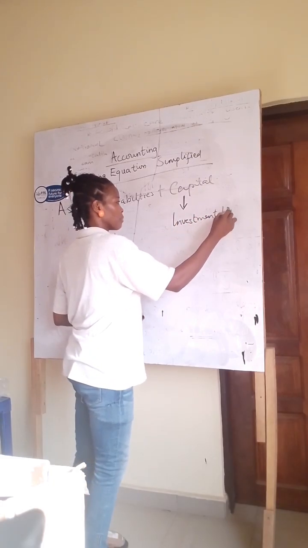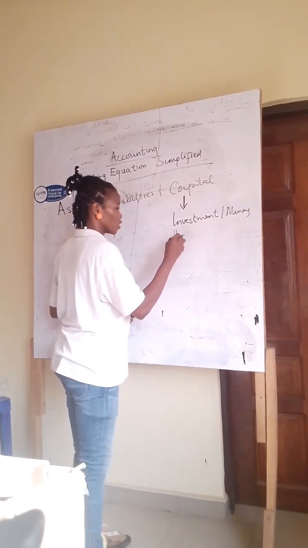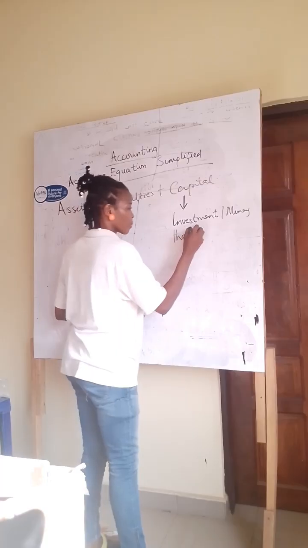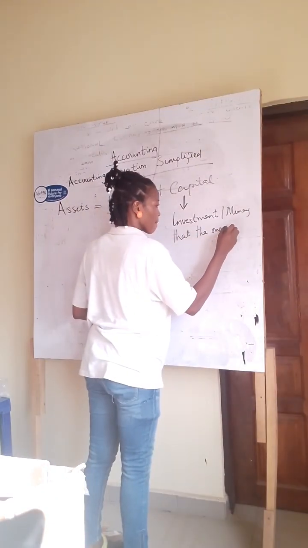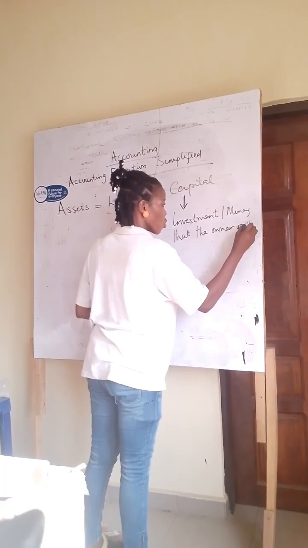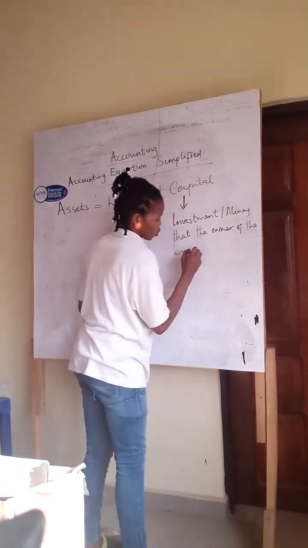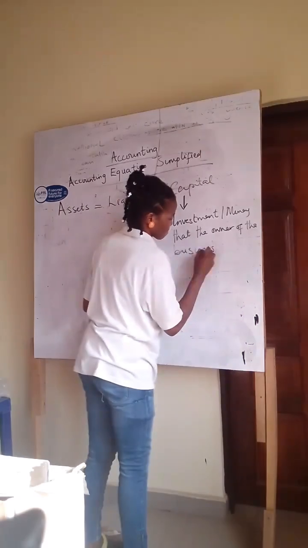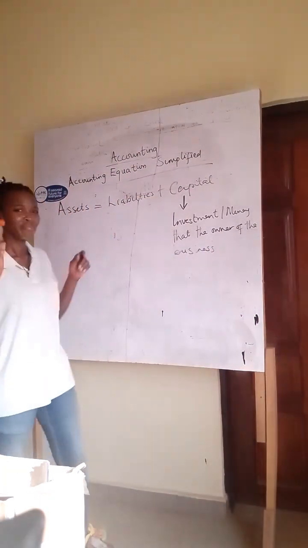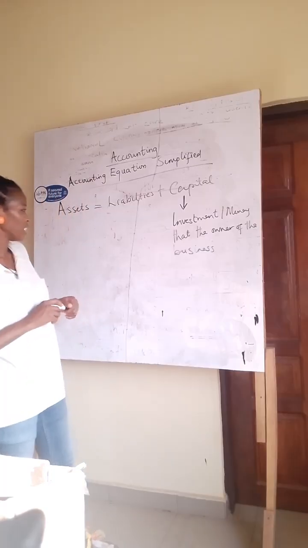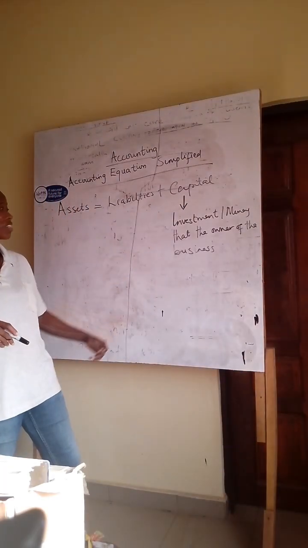When I say investment, I mean money that the owner of the business brings to the business. Hope I spelled business correctly. I'm not sure the spelling is correct, but forgive me if it's wrong.